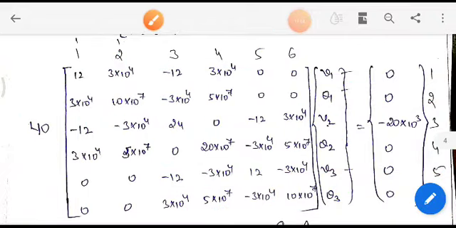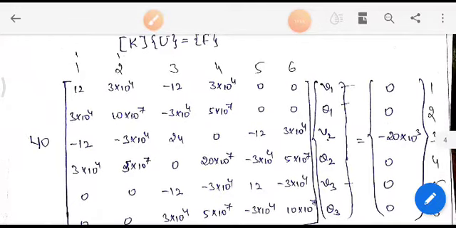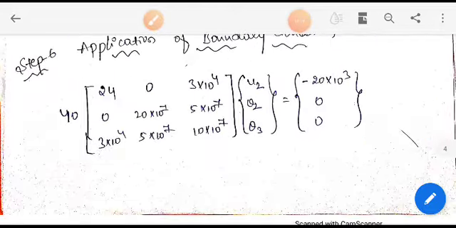These elements are written here. Why have we eliminated those things? The elimination approach tells that wherever the node is fixed, we need to eliminate the corresponding rows and columns of the equilibrium equation. Once we do that, we get this matrix.